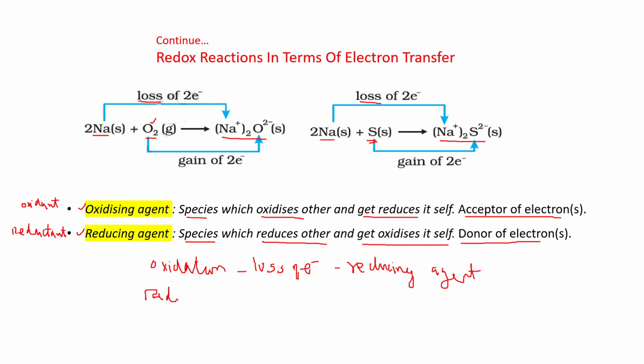We can say reduction is the gain of electrons, and the species reduced is known as the oxidizing agent or oxidant.